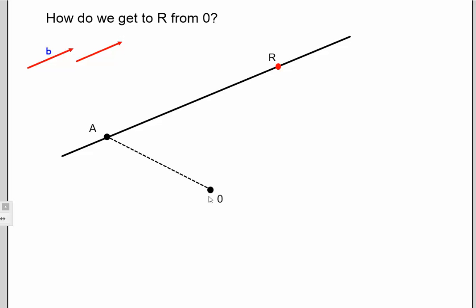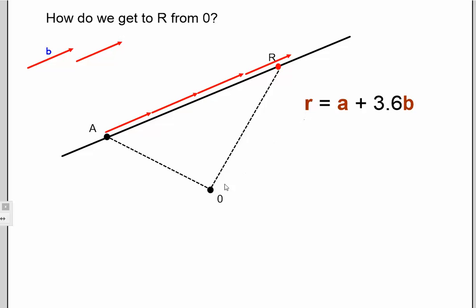Well, first of all, we go from O to the fixed point, and then we walk along in steps of size B until we get to the position R. So if I put those on there, let's say we've got 3 and 3/5 of vector B. So recapping, we go from O to A, which I could call vector A, plus 3 and 3/5 of vector B. So we could write that as vector R, which is from O to R, is equal to vector A, which is O to A, plus 3.6 of vector B's.